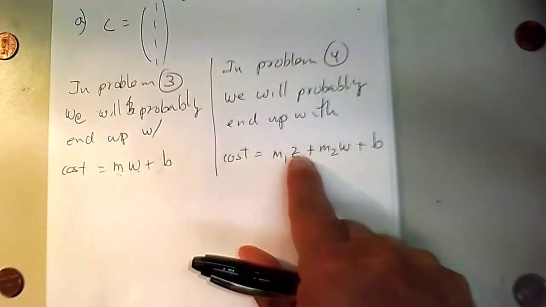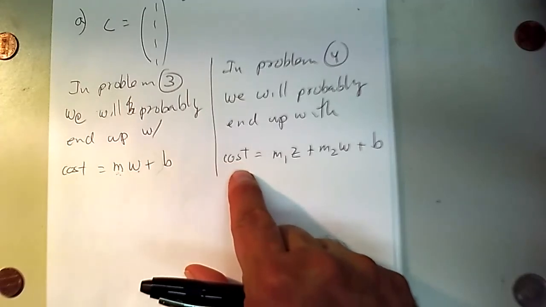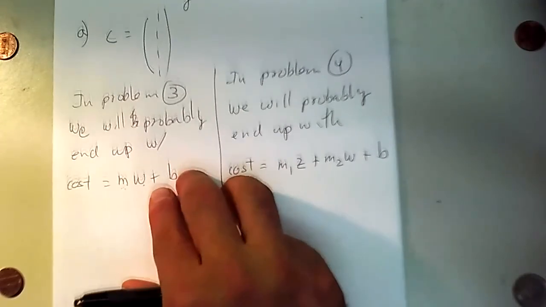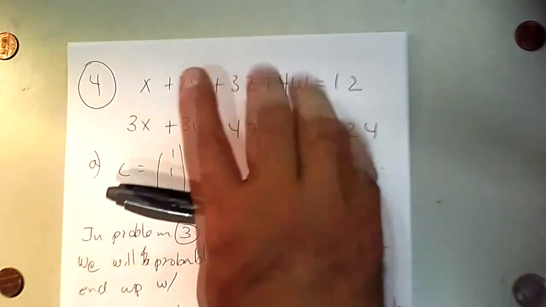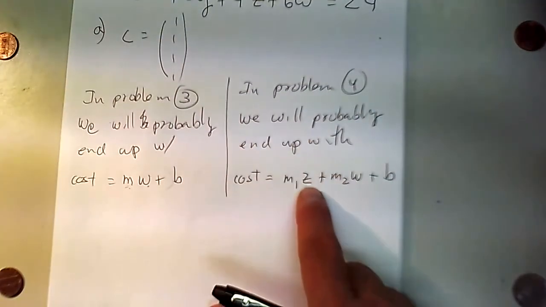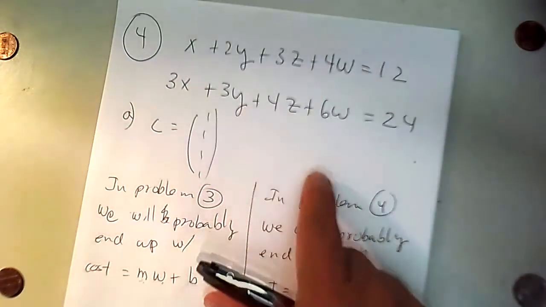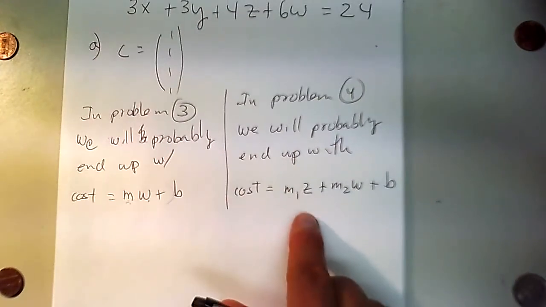You've got to figure out what combination of Z and W is going to minimize the cost. Now, the nice thing about this is that your equations started with 4 variables, and now we have reduced the problem to 2 variables only, as opposed to 4. So please figure this out.